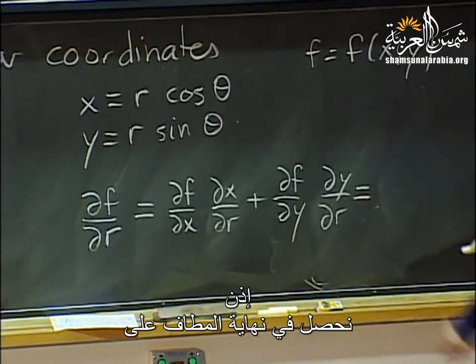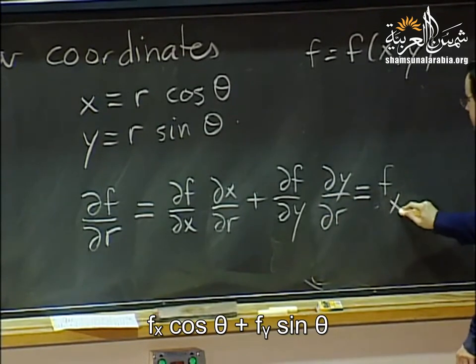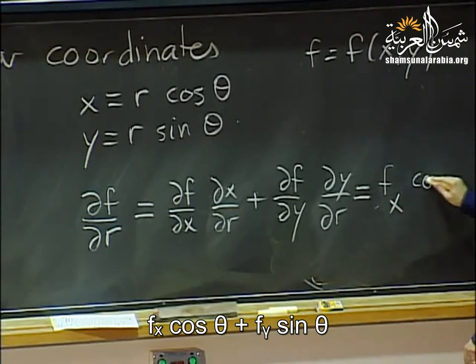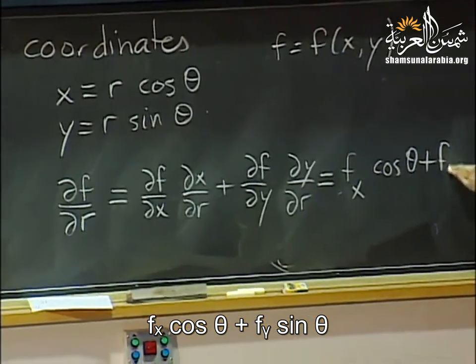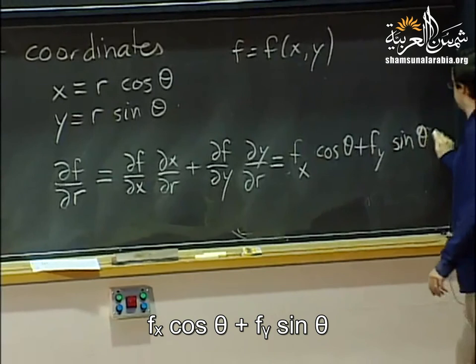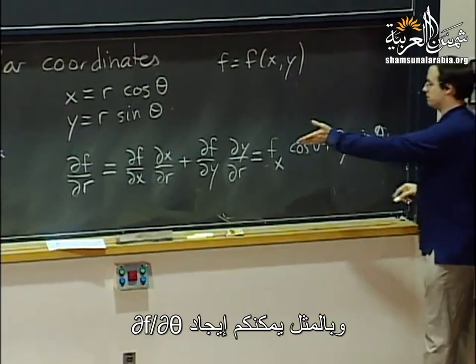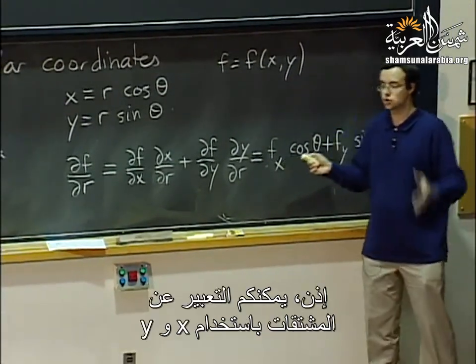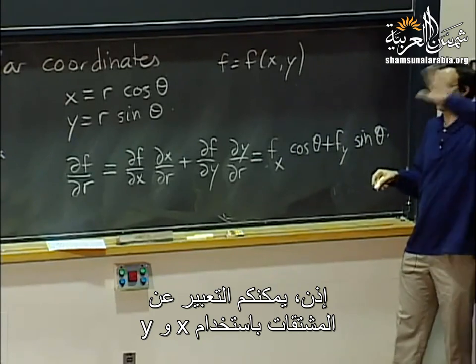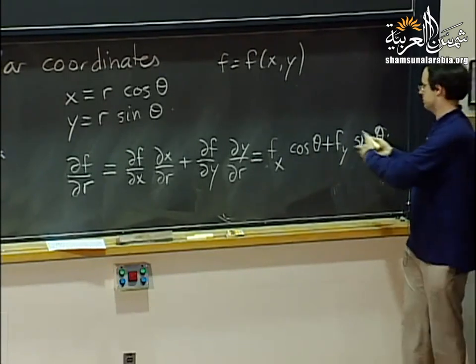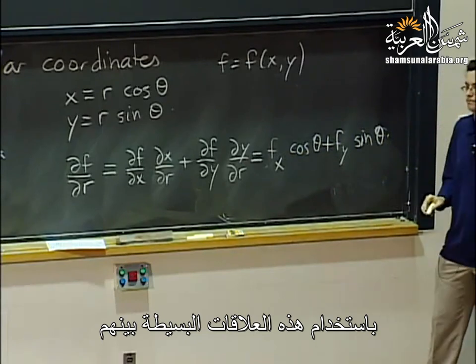And so that will end up being actually f sub x times cosine theta plus f sub y times sine theta. And you can do the same thing to find partial f, partial theta. And so you can express derivatives either in terms of x, y, or in terms of r and theta with simple relations between them.